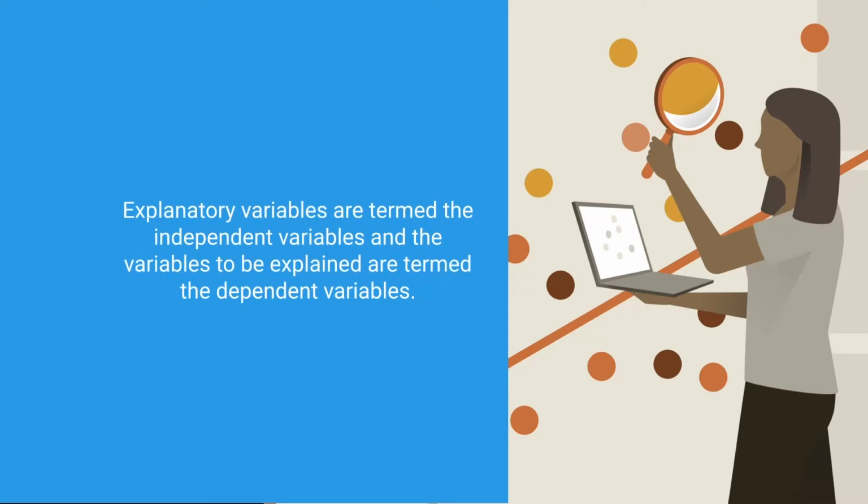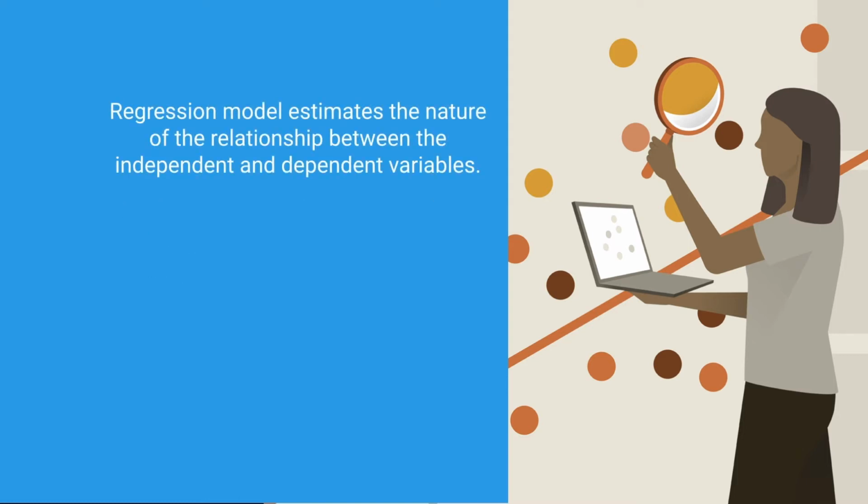Explanatory variables are termed independent variables, and the variables to be explained are termed dependent variables. The regression model estimates the nature of the relationship between the independent and dependent variables. It's not that we are just emphasizing the dependent variable or the independent variable; when you apply the regression model, it estimates the nature of the relationship between the independent and dependent variables.